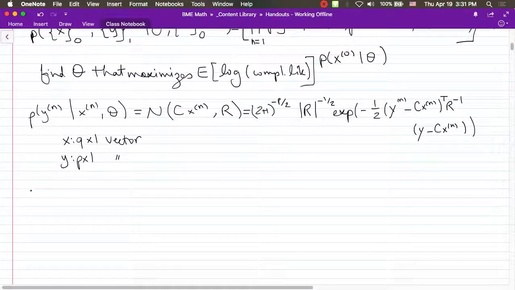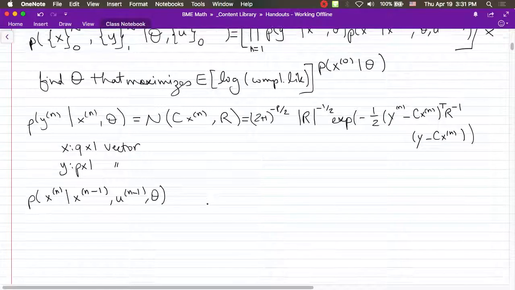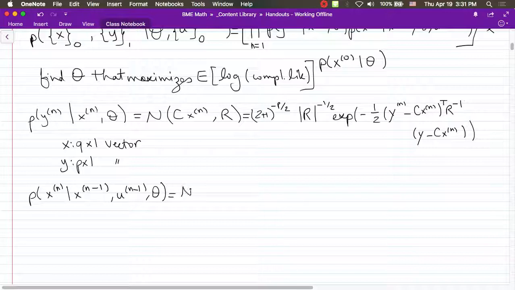So what about p of x of n given x of n minus 1, u of n minus 1, and theta? So the second term here. What is this? That's a normal with mean A x of n minus 1 plus B u of n minus 1 with variance Q, so it's going to be a normal distribution.